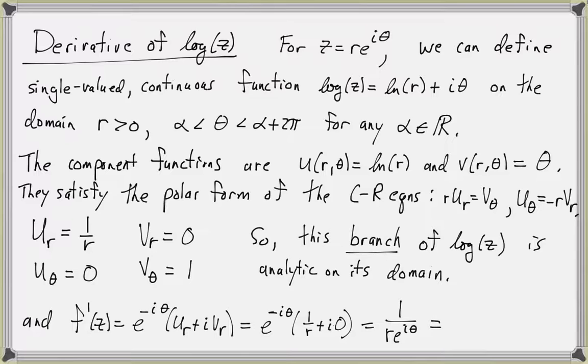And if you recall, we wrote z as r e to the I theta, so this is the same as 1 over z. So this is the familiar formula from real calculus that the derivative of log of z is 1 over z, where we restrict log of z to a domain where the derivative exists.